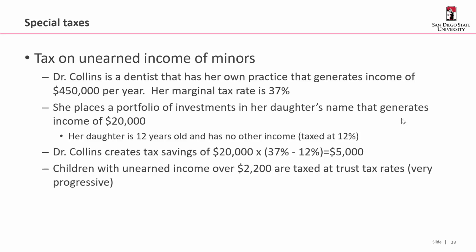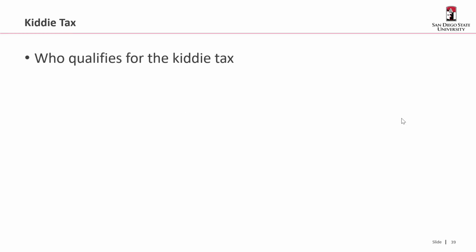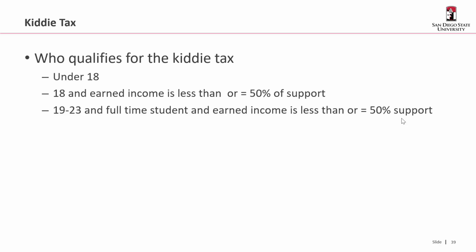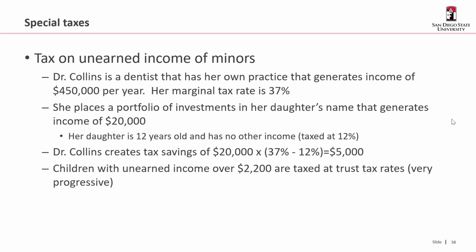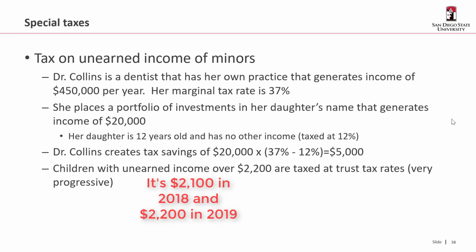So we talked about trusts as a separate legal entity in the previous module. And we even looked at the trust income tax rates and recall they are super progressive. So who qualifies for the kiddie tax? Again, you have to have unearned income of over $2,200.